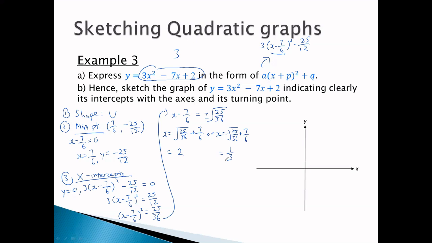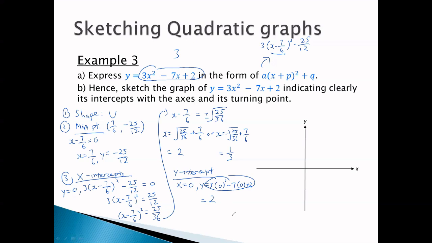What else am I missing? y-intercepts, right? For the y-intercept, x equals 0. Let's just use the normal equation. y equals 3(0)² minus 7(0) plus 2. Obviously, it is 2. You don't even have to do this step, okay? If you look at it here, when x is 0, the answer is just 2.